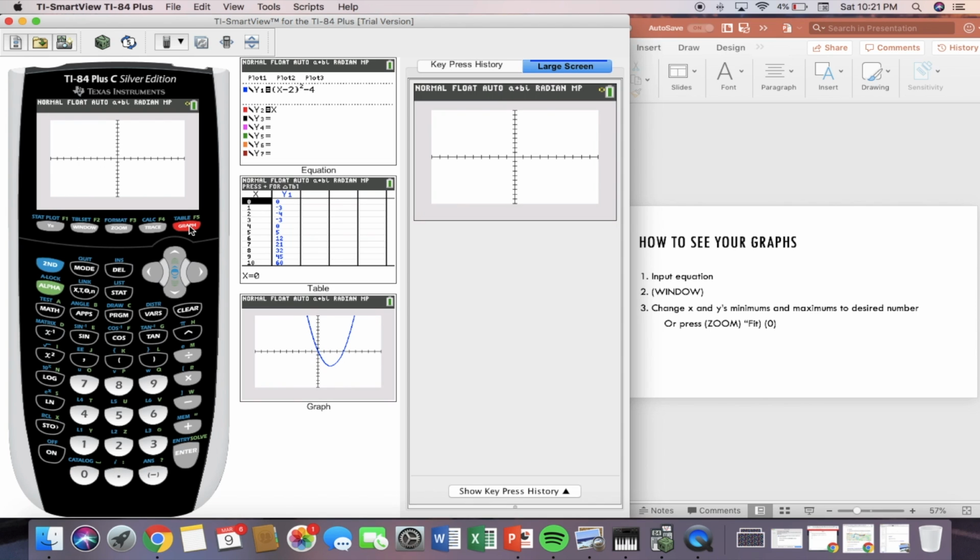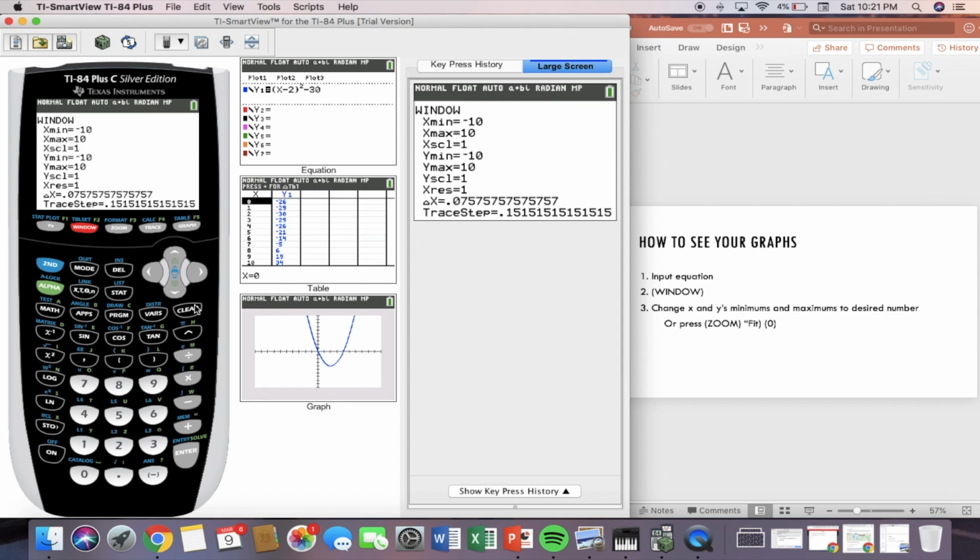So we go to graph and we just can't see the bottom. So that's no good. So we want to be able to see all of it, right? So we could go over, we could adjust the window and we could go, well, we want to have the minimum for x be like 50 or something like that.